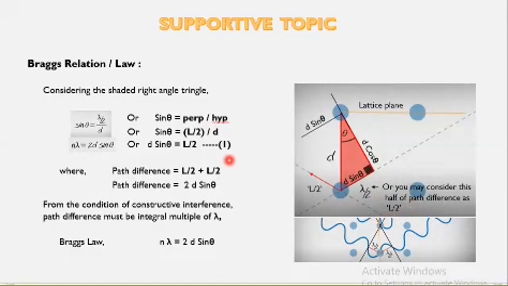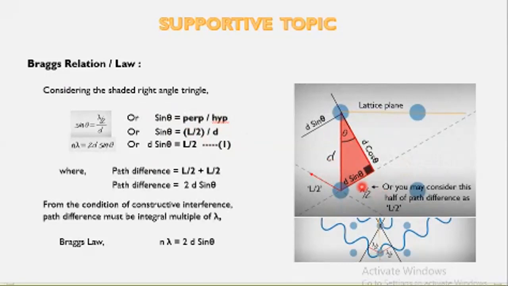So coming up with the mathematics, considering the right angle triangle, we just did simple mathematics here. Perpendicular upon hypotenuse. Here, this is our perpendicular, and the hypotenuse side is d.